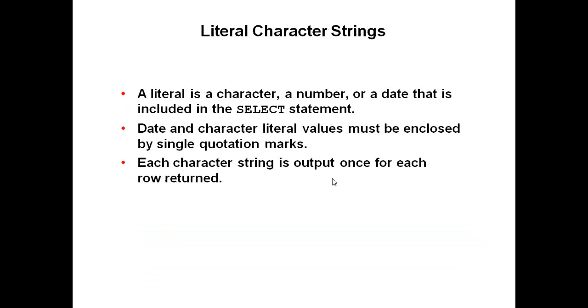And we also have something called literal character strings. A literal character string is going to help you whenever you want to display your output in some different format. Let me show you how to do that.